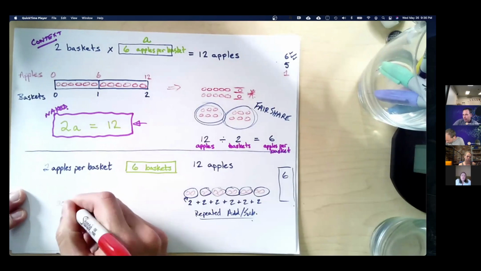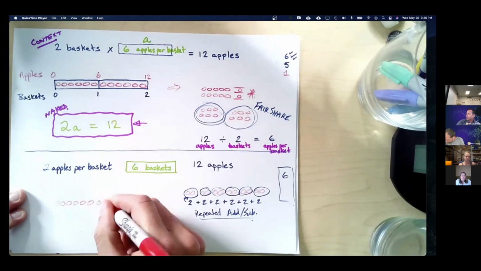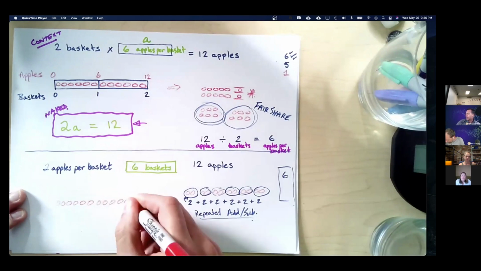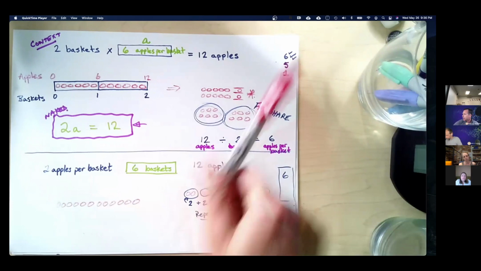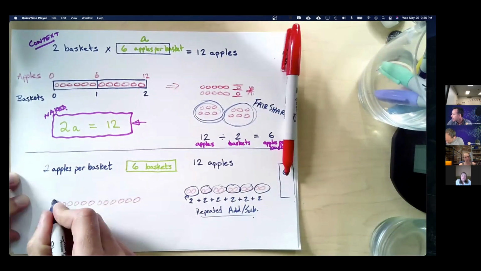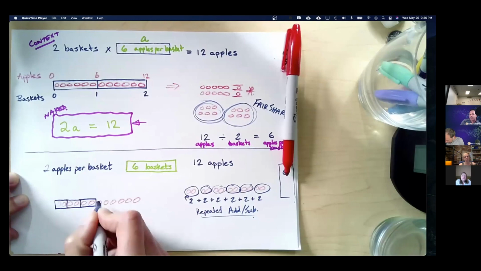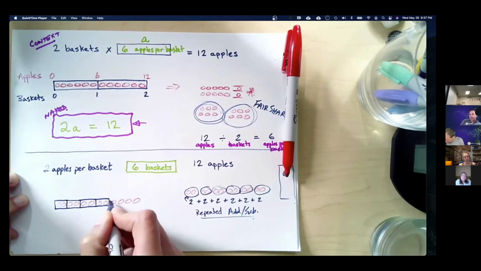Now, if you're drawing that, you're going to put a number line around that, like you did before. I think Mariana said a double number line like you had above could be good, but it goes up to 6 baskets instead of 2 baskets.